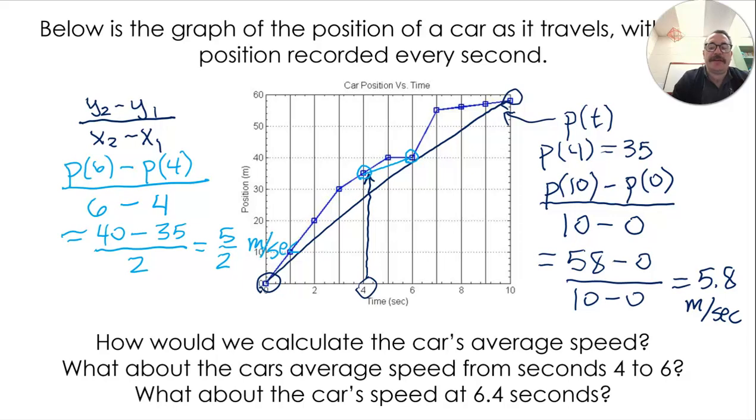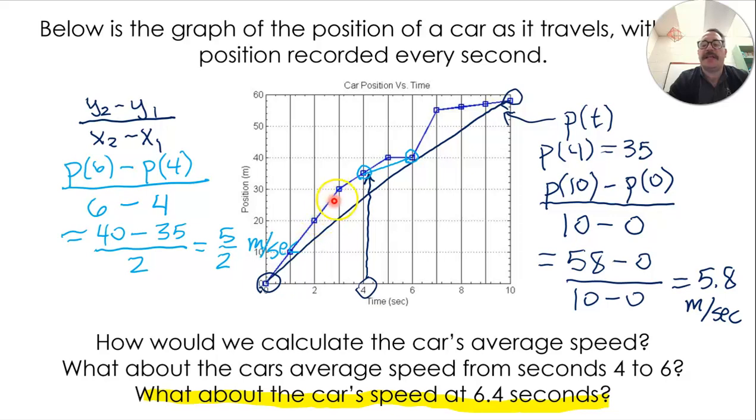Now this last question that's on here, which is, what about the car's speed at 6.4 seconds? So that's a little bit trickier. If you look on our graph, we really don't have that much information about our car's speed. We just have a little snapshot, so at every second we know where our car is, but we don't really know where our car is exactly in between those seconds.